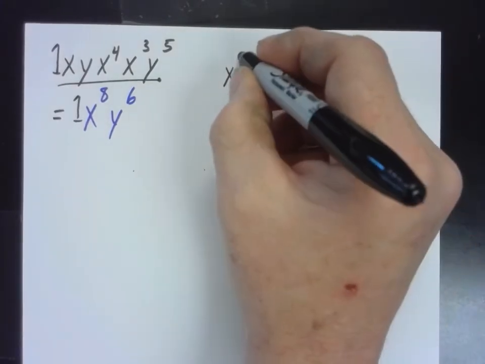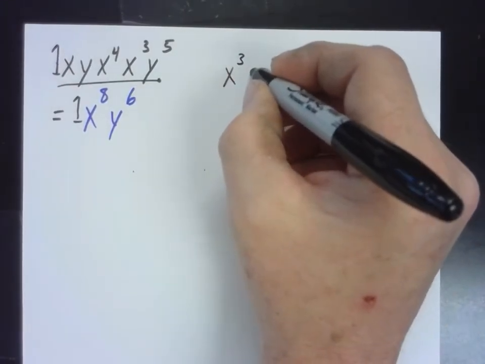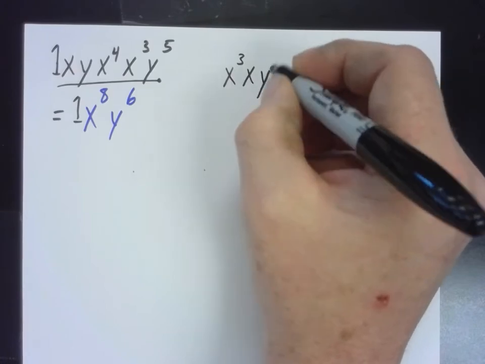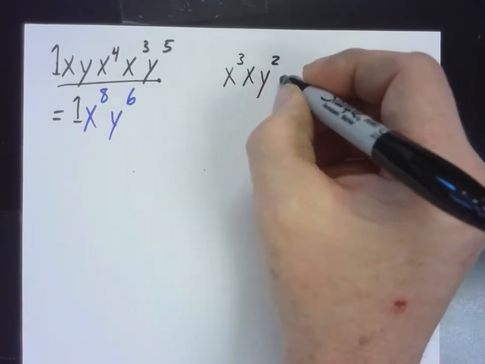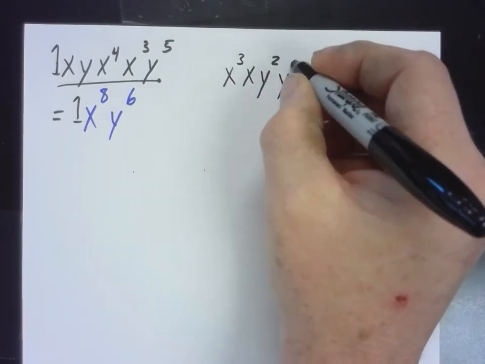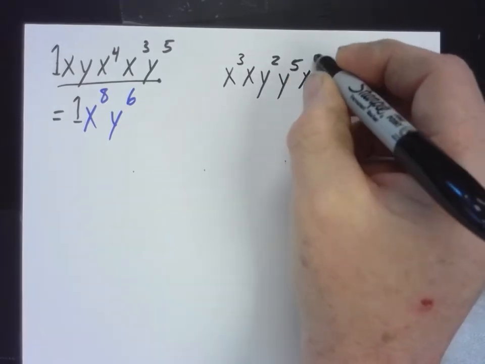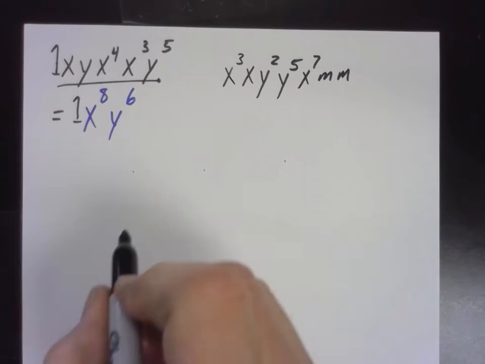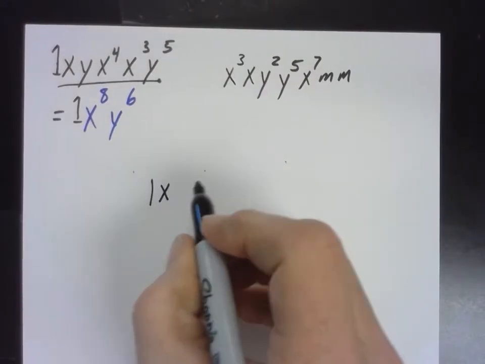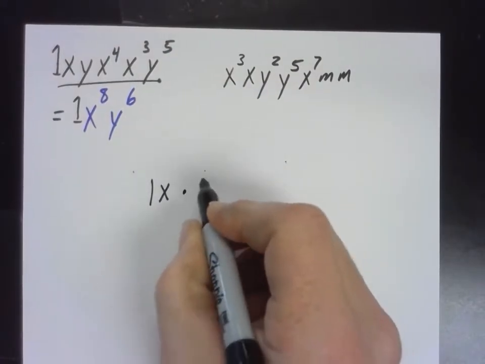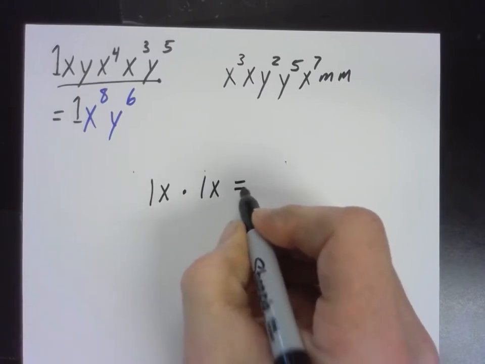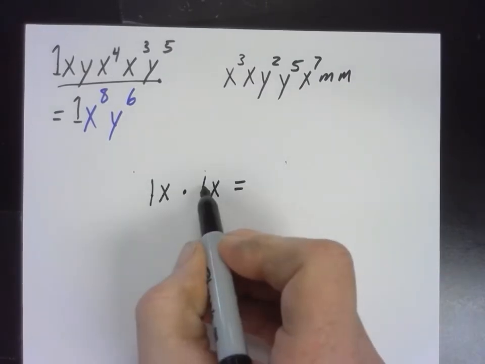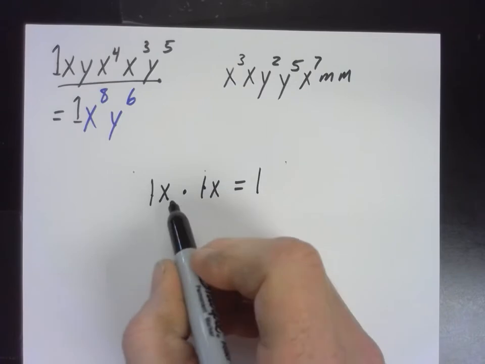So we have x. So if there's a 1 in front of every x, then why don't you add them up like you did with the x one? We're multiplying. So if I have 1 times x times 1 times x, well, what's 1 times 1? 1. And what's x times x?